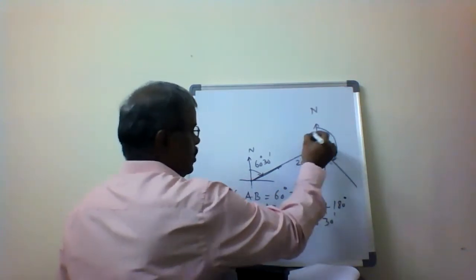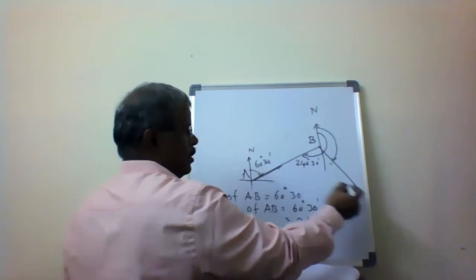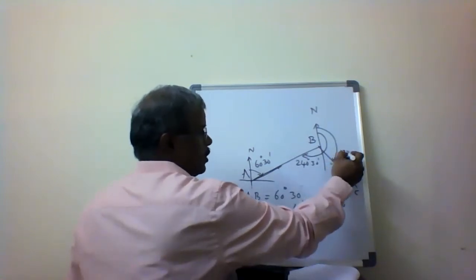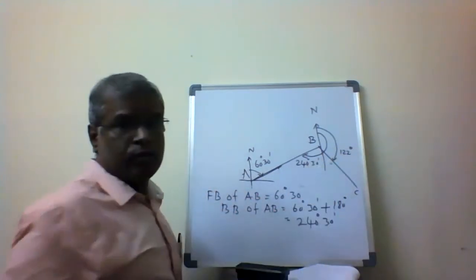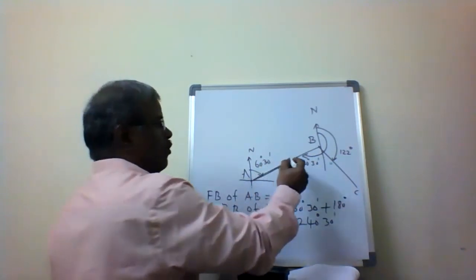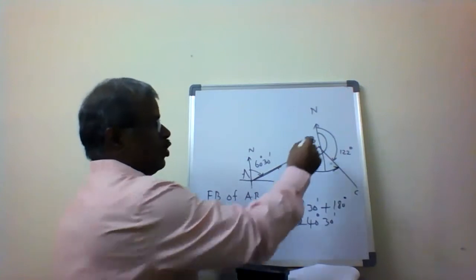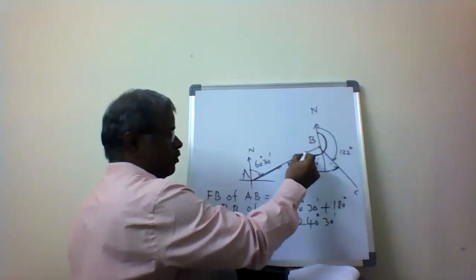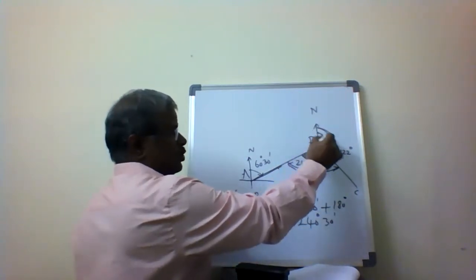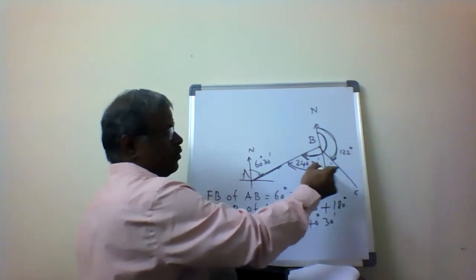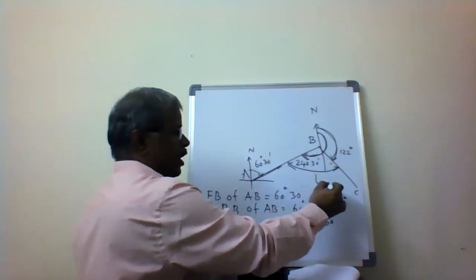So this is B, this is A, and B to C is given as 122 degrees. Now I have to calculate the included angle at B, which is 240 degrees 30 minutes minus this one.